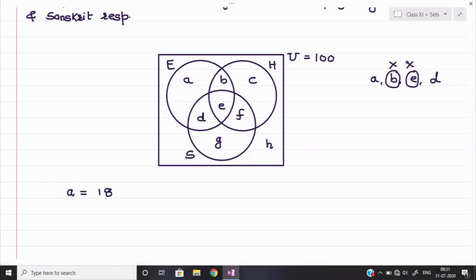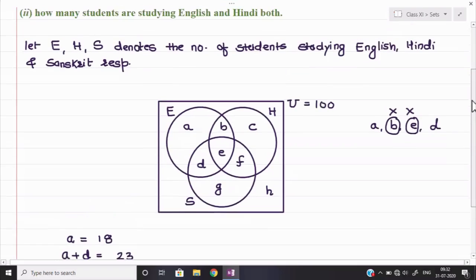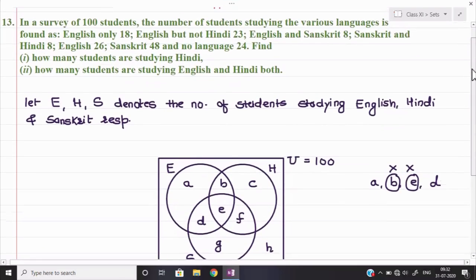A we will take because they are studying English only, and D also we can take because we are taking those students also who are studying English along with another subject, but not Hindi. So the second information is A plus D is equal to 23. You can check once whether it is right or not. Value is given 23, English but not Hindi.